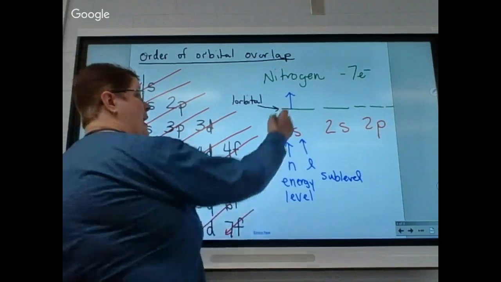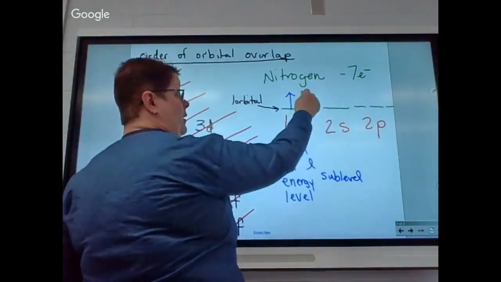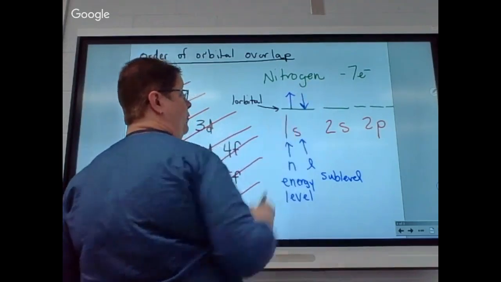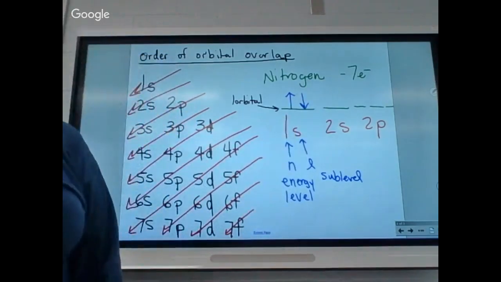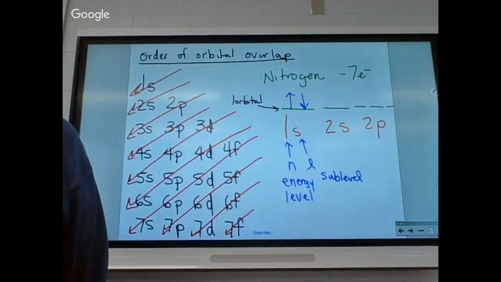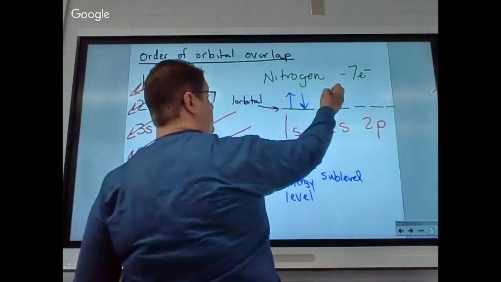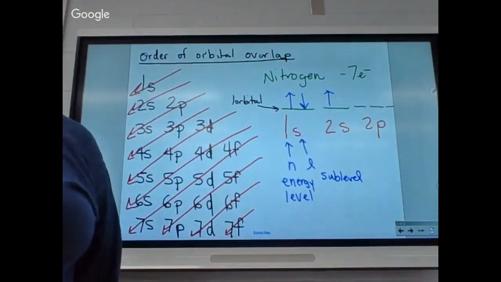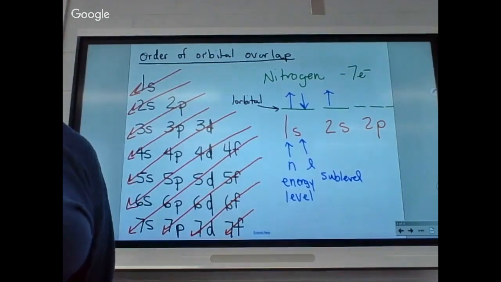They do not spin this way. They spin in opposite directions, so it's going to go down. Now the first floor is full. Now the electron may go to the second floor and go to 2s. So 1 electron will go in 2s. The second electron in 2s has to decide, is 2s full or not, before it can go to 2p?